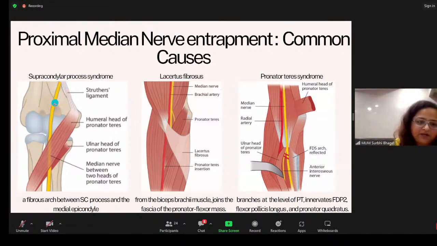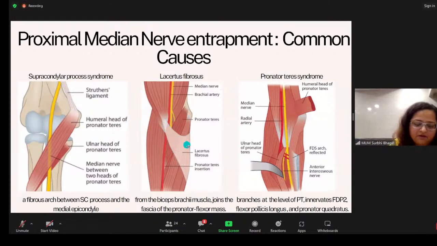The median nerve runs below this fibrous arch, which connects this bony spur to the medial epicondyle of the humerus. Then as we come just near the elbow, we can see the biceps tendon forming into the bicipital aponeurosis. It is nothing but a fascial covering, which then connects the fascia of the pronator teres muscle and the flexor muscles of the forearm.